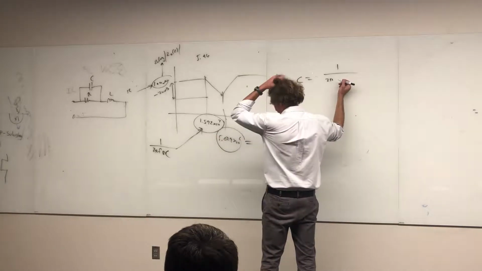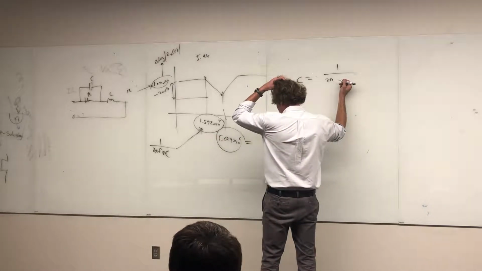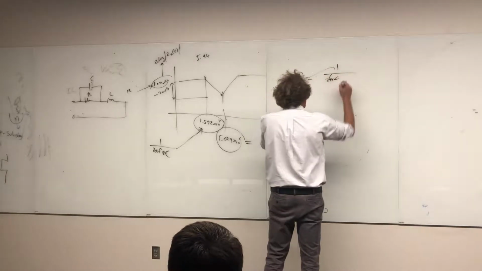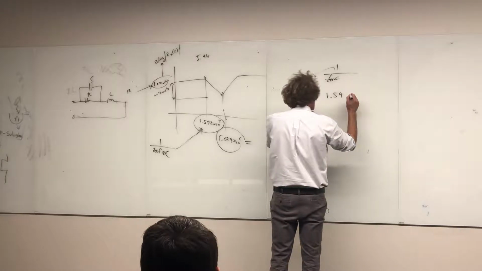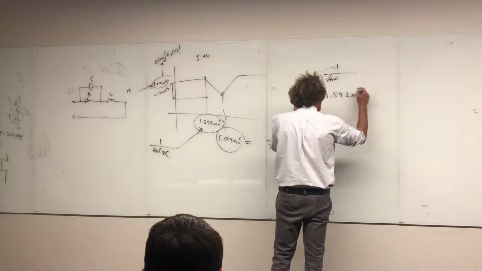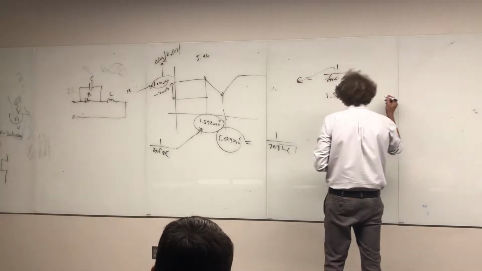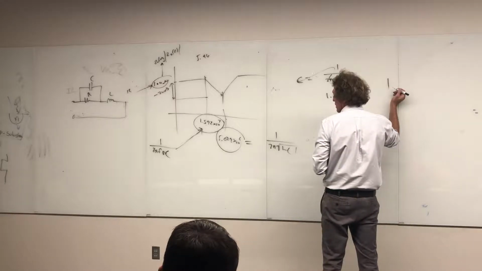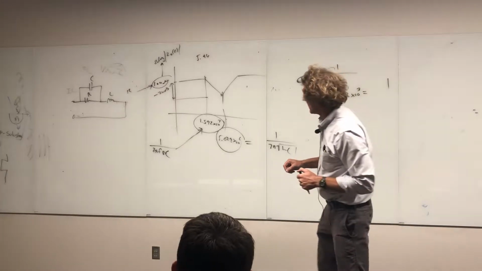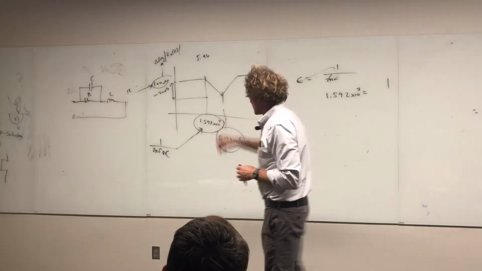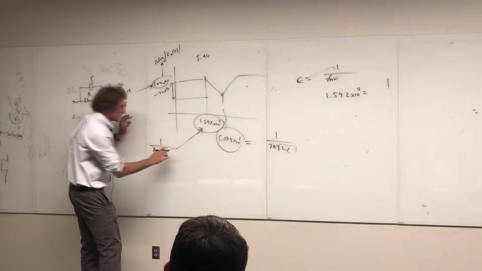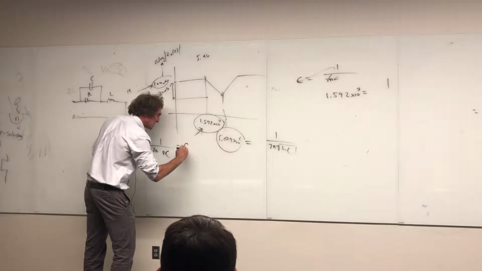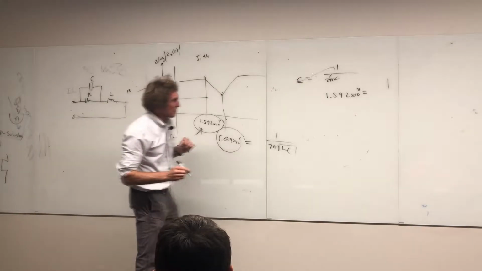Let me write this down. I'm sorry, I shouldn't have put the F in there. 1 over 2 pi RC is this frequency, F break for the lower.